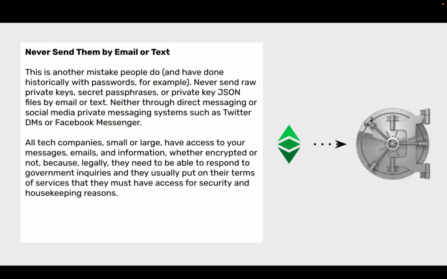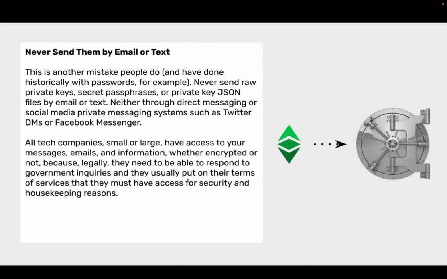Never send them by email or text. This is another mistake people do and have done historically with passwords, for example. Never send raw private keys, secret passphrases, or private key JSON files by email or text, neither through direct messaging or social media private messaging systems such as Twitter DMs or Facebook Messenger.